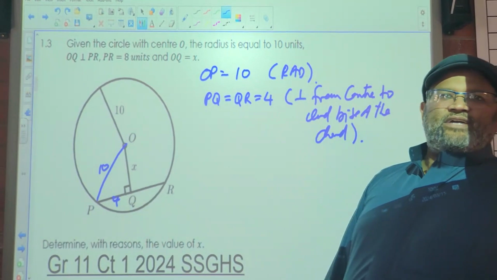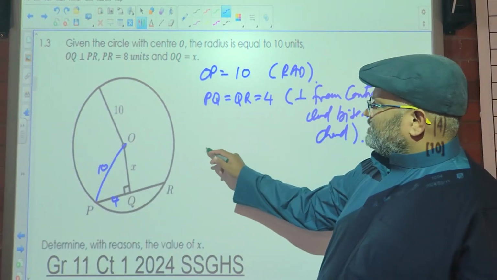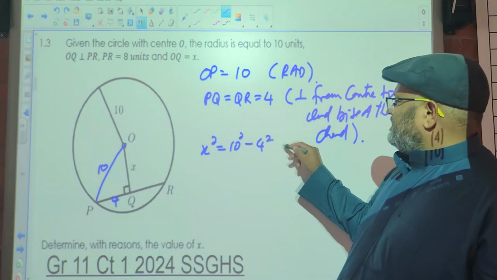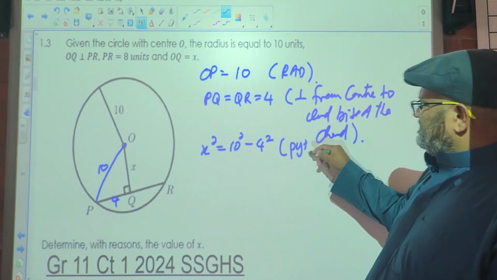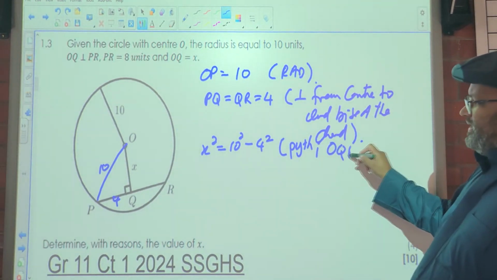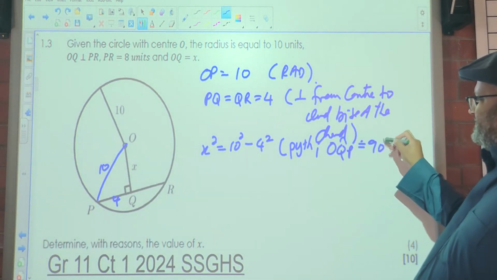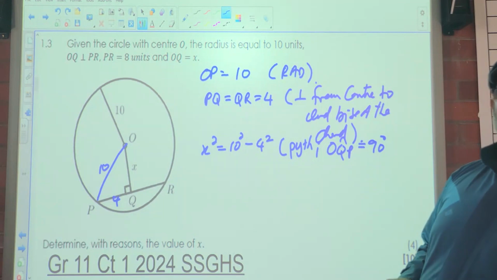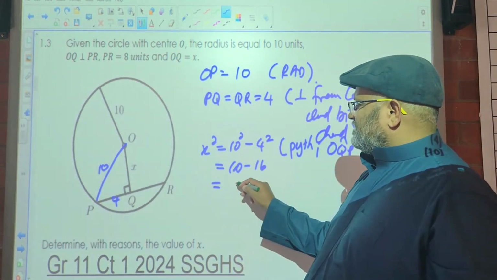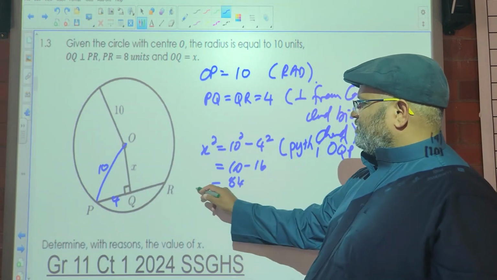So now I can apply Pythagoras. You're going to get x squared is equal to 10 squared minus 4 squared. Reason? Pythagoras with angle OQP equals 90 degrees. Okay? So it gives me 100 minus 16, which gives an answer of 84.